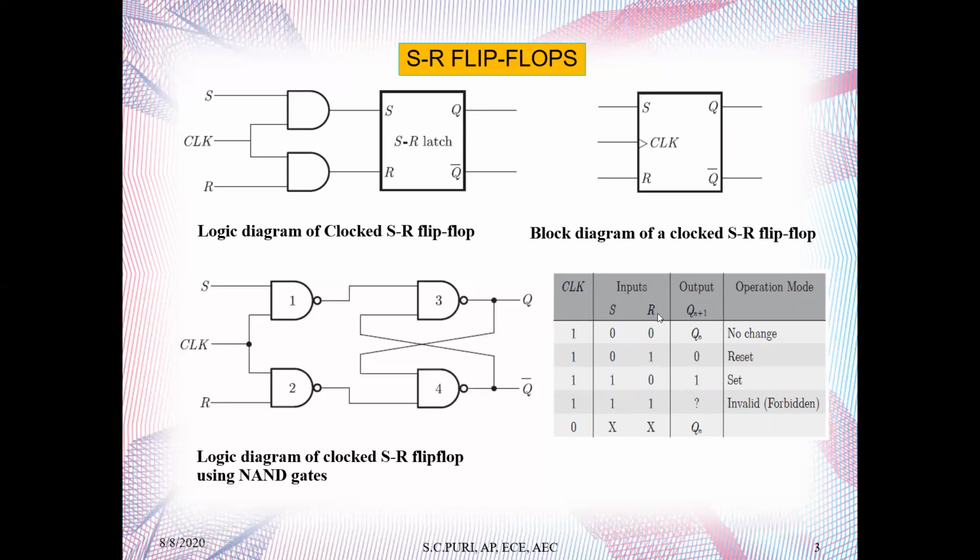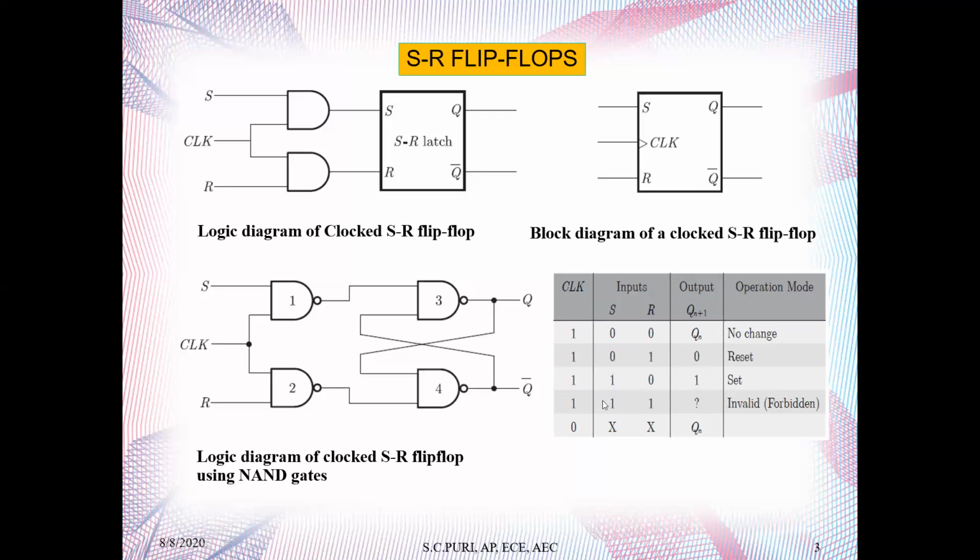Now let us see the combinations of SR. When S and R are 0 and 0, we get the next state as no change: Qn plus 1 is equal to Qn. When it is 0, 1, this is a reset condition; whatever may be Q, you will get output 0. Whereas when it is 1, 0, the flip-flop will be set to 1.